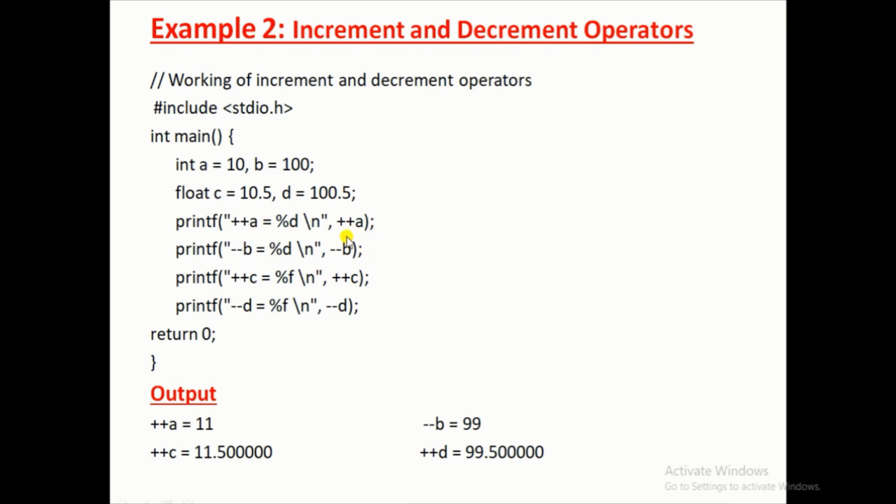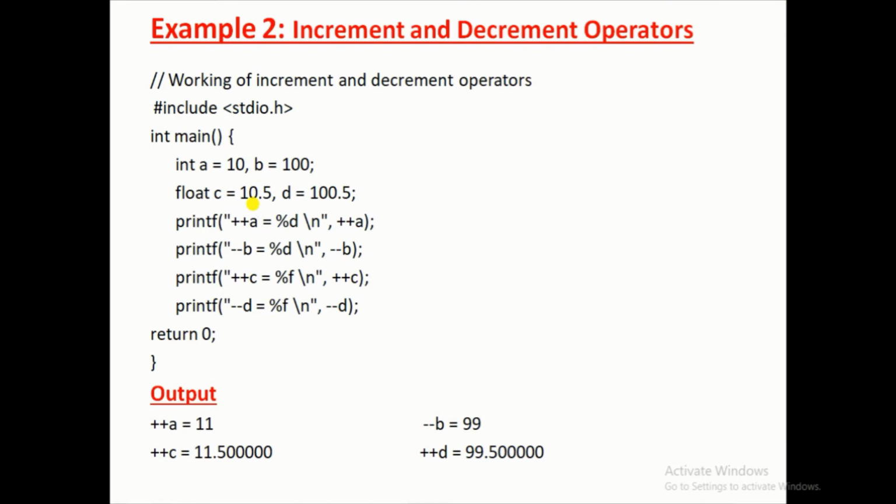And in another case we use this pre-increment operator on a float type, on c. Operating this increment operator on c increments the value of c by 1 and we get 11.500000, because this is a float type, and the increment just increases the value of c by 1.